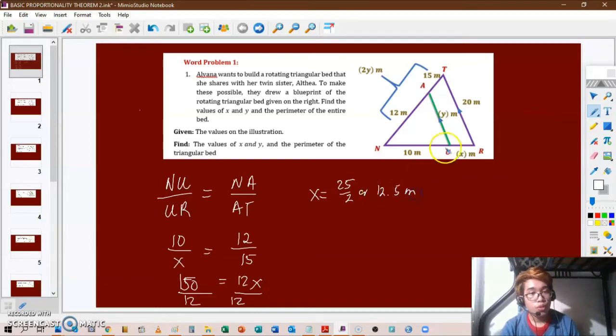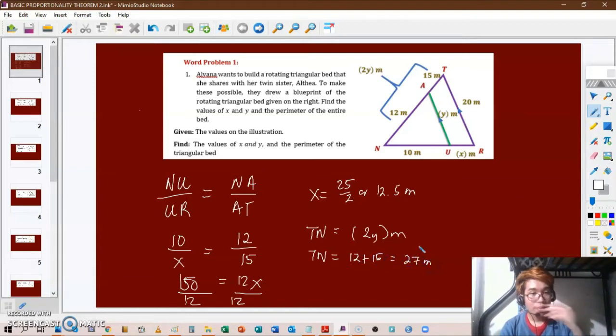Now, how do we solve for the value of y? We already know the value of x, but y is given by this clue: NT is equal to 2y meters, and we know that NT is equal to 12 plus 15 meters, which is equal to 27 meters.